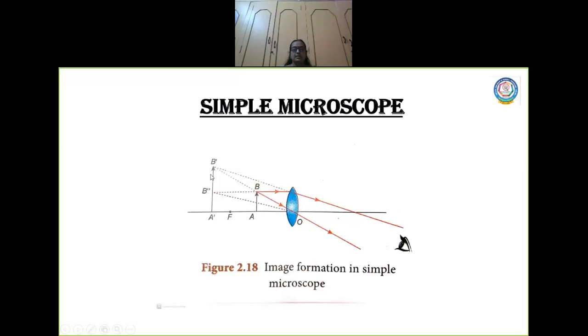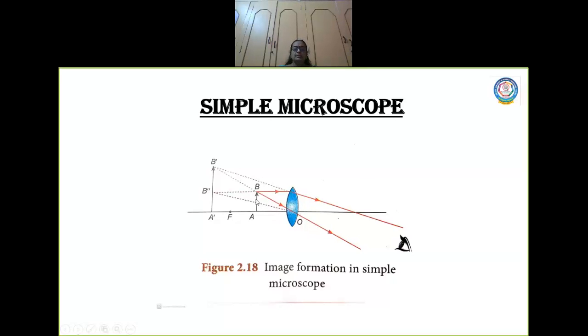Now this is the image that is formed due to the convex lens, and this position of the convex lens alone will form a virtual and erect image. For all the other positions, a convex lens forms a real and inverted image. Only for this position you have a virtual and erect image.